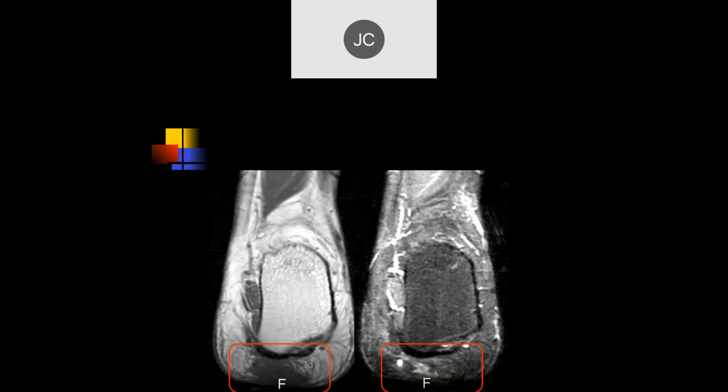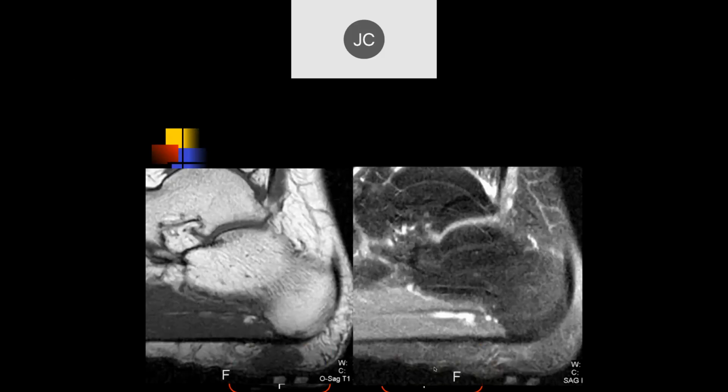And that's because of repetitive trauma to the fat. You get replacement of the fat by fibrous tissue. That fibrous tissue has a lot of nerve endings in it and tends to be very sensitive. I'm sure some of you have already had this issue in the foot. It tends to occur a lot in athletes and a lot in older individuals.